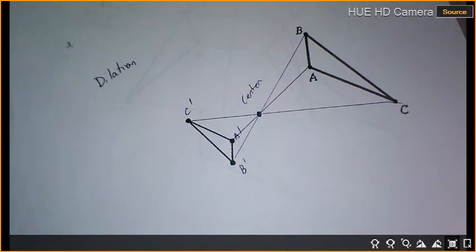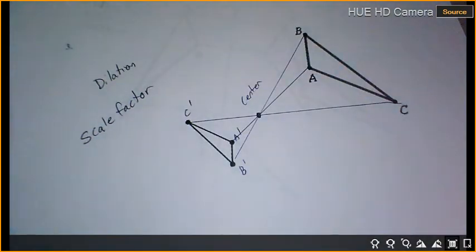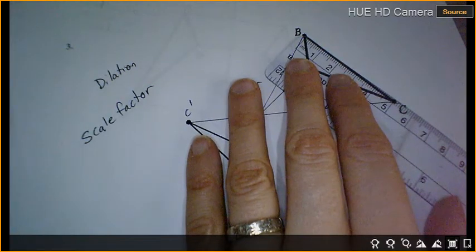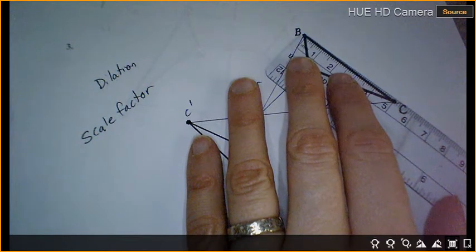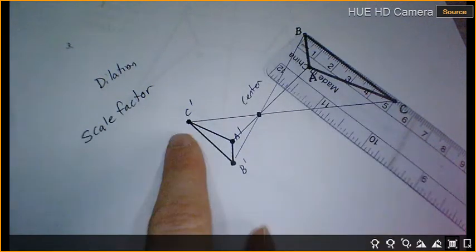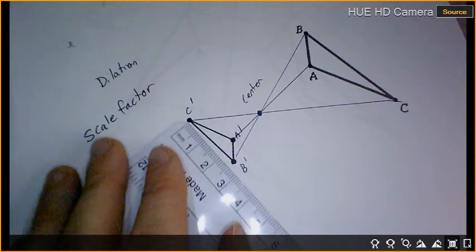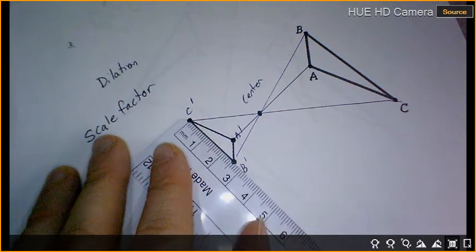Now we need to talk about our scale factor. What is my scale factor for this? How would I figure that out? Let's measure the sides. Let's do B to C. B to C is 5. What do we think C prime to B prime is going to be? 2.5.